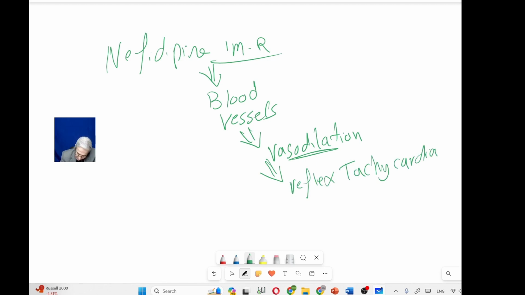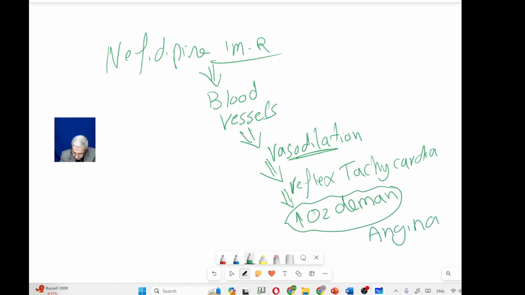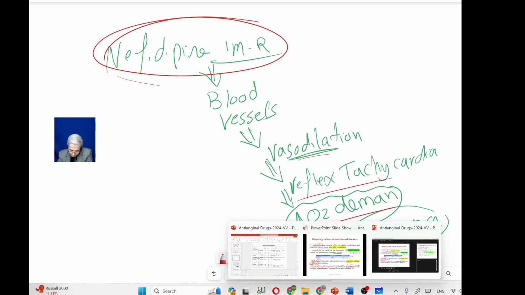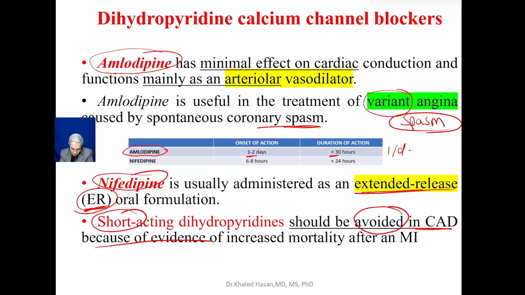Reflex tachycardia means increased oxygen demand and increased risk of angina. The patient may suffer increased angina episodes. So for this reason, we don't recommend nifedipine immediate release in patients suffering from angina, due to vasodilation, reflex tachycardia, increased demand of oxygen, and increased risk of angina episodes. It should be avoided. It's very clear for us now.